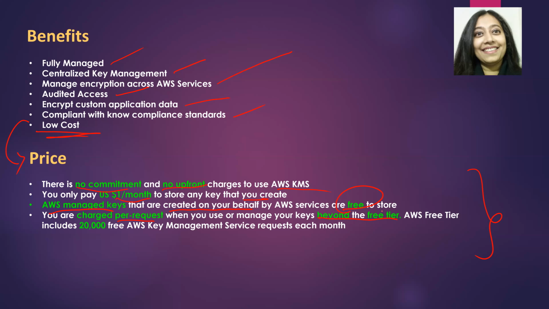But the free tier itself has approximately 20,000 free KMS service requests each month. So I think if you are a small business and you are not accessing these keys very frequently, you will be okay with the free tier. Otherwise, you will have to pay charges per request.